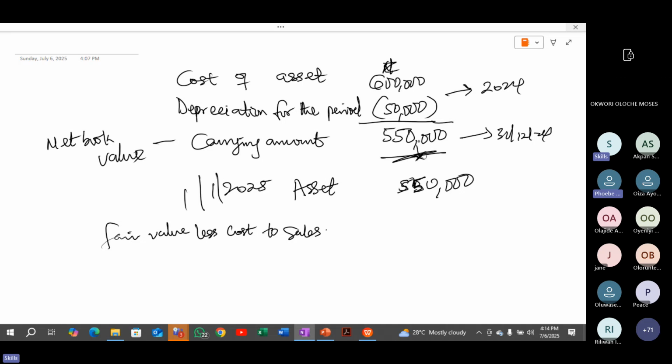You can see that you are all having a kind of opinion simply because we now know the new market value of that laptop. That is fair value. That means the amount you are going to sell a particular asset for or transfer a liability.